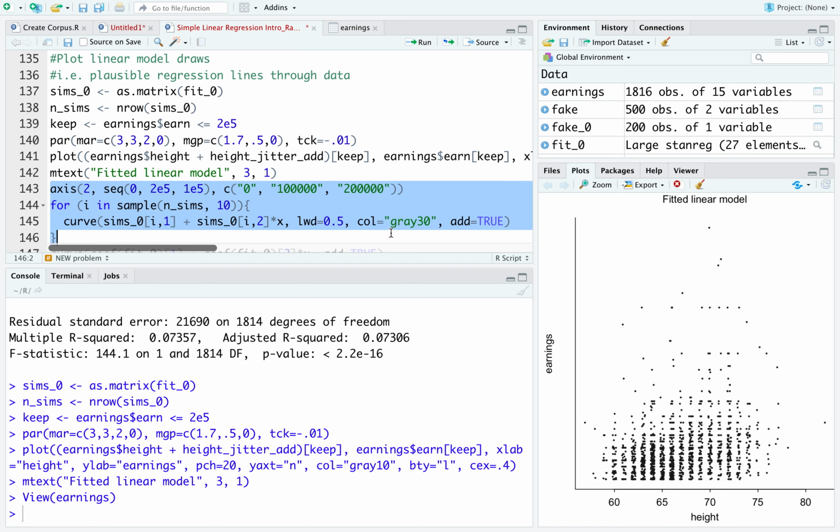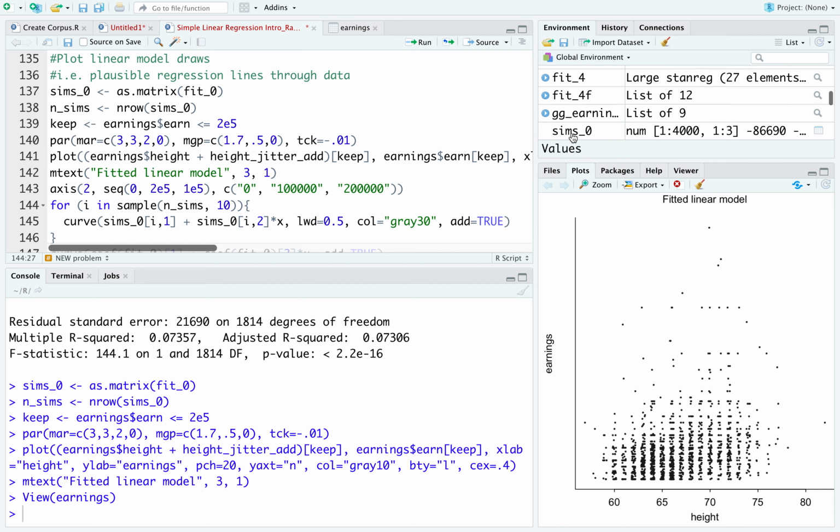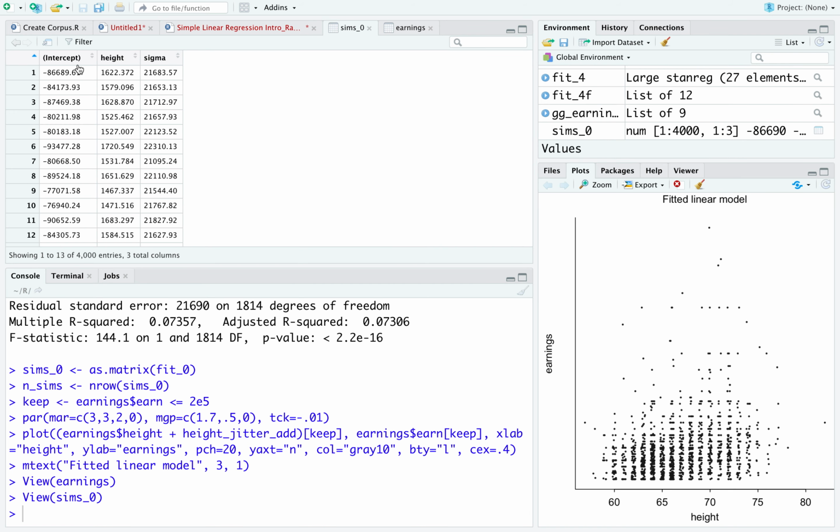Now what I'm going to do is notice for i in the sample, and you can look at the sims, sounds like I'm playing a video game, but what this is, the Bayesian estimation of work, is it's drawing from a posterior distribution the probabilities of your intercept and height, the slope for height, different plausible pairs, and they're related to one another.